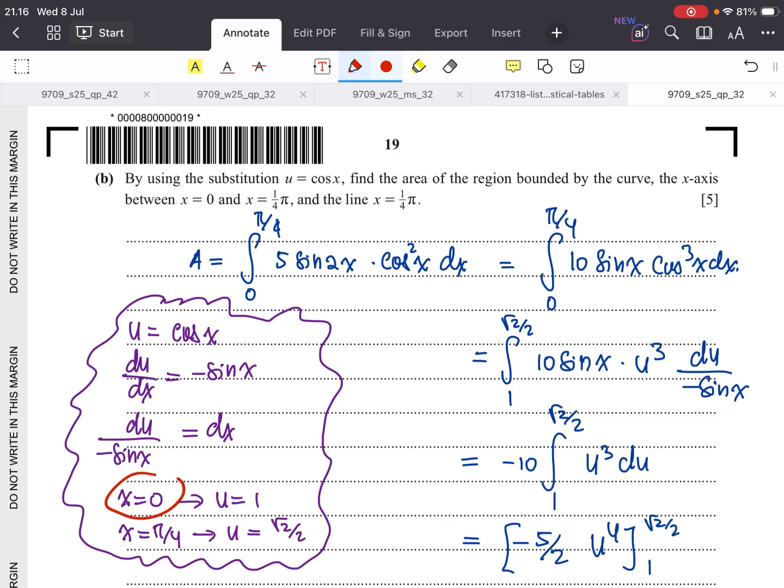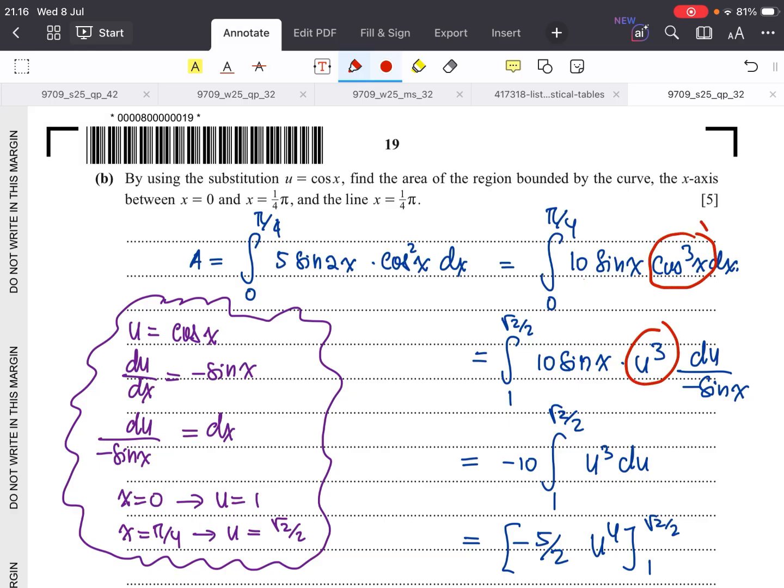So when x equals 0, using this one, cos 0 is 1, so u is equal to 1. While when x equals pi over 4, cos pi over 4 is square root of 2 over 2. So now the integration is from 1 until square root of 2 over 2. And then cos x becomes u.